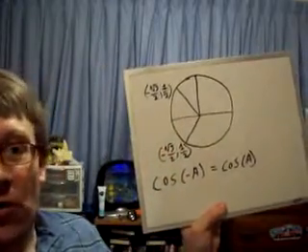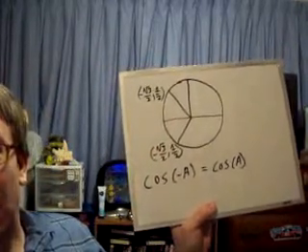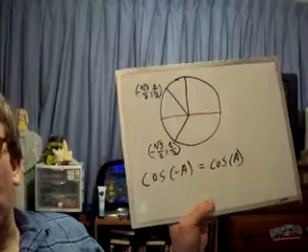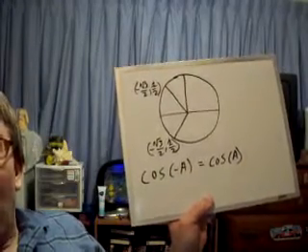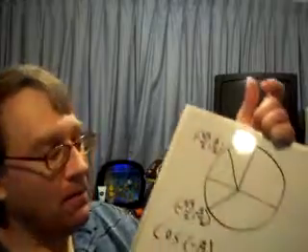Now I'm going to check my notes here real quick, because I think I've made a mistake. And I know somebody's going to call me on it. Yep, I did. So, before you call me on it, I do tend to make errors from time to time. Okay, so let's fix that.